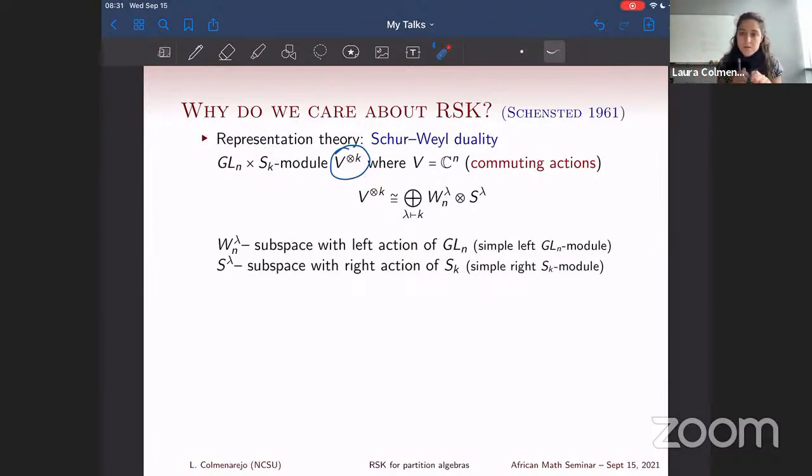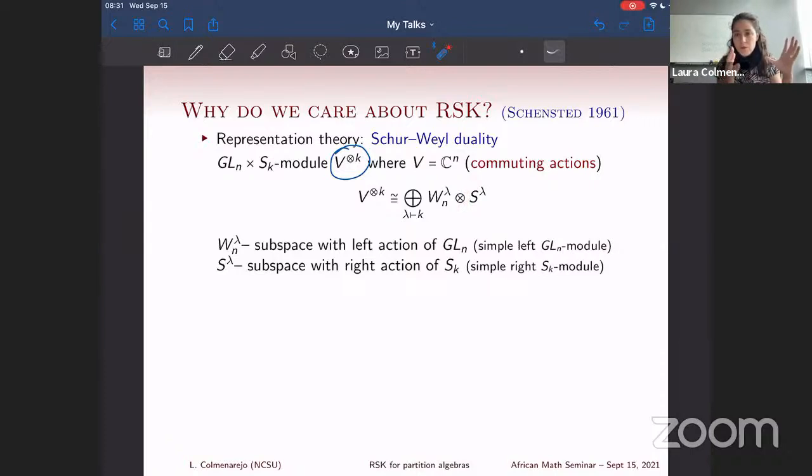Now, these two actions are what are called commuting actions. I can do one or the other in different orders, and I will get the same result. And that creates the following phenomenon. That means that I can decompose this V tensor k as a direct sum where I have a tensor product of smaller spaces: a subspace with a GL_n action and a subspace with an S_k action.